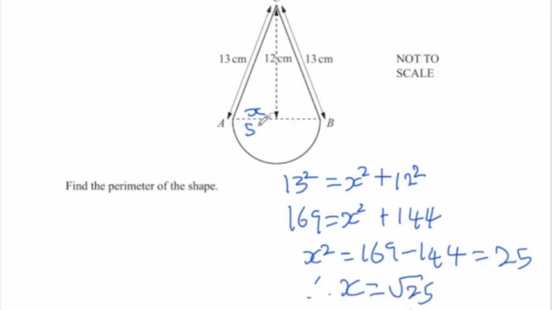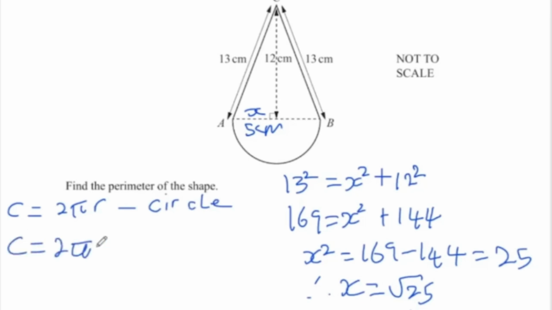So from this, we will now be able to calculate the circumference of the semicircle. First, the circumference of a circle is 2 pi r. A semicircle is half of a circle. So the circumference of a semicircle will be 2 pi r over 2.